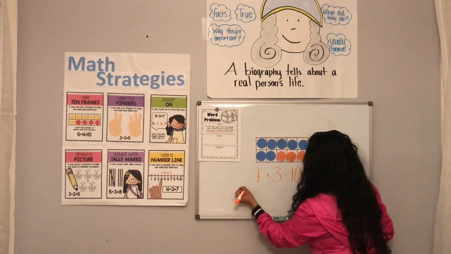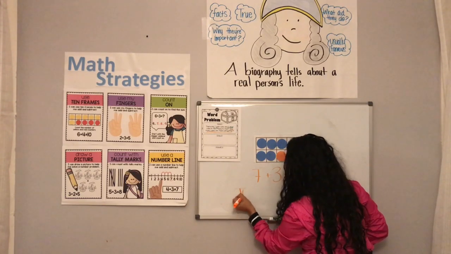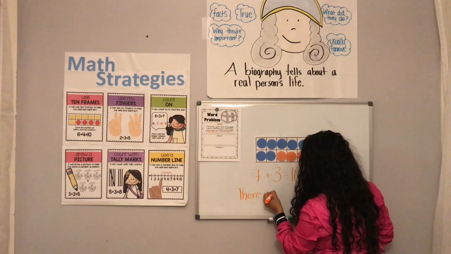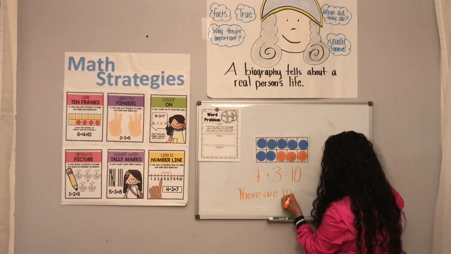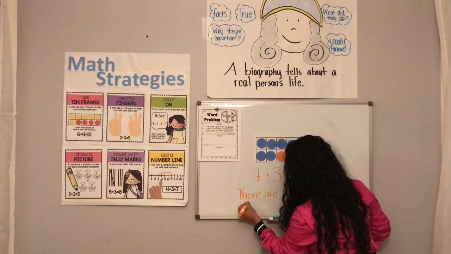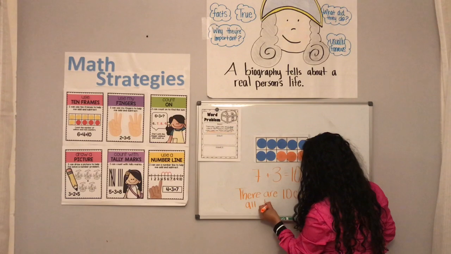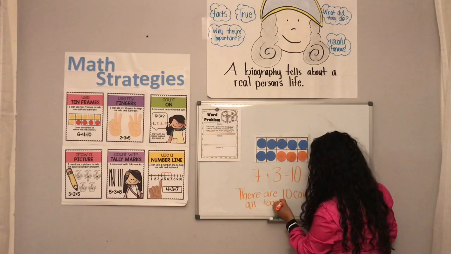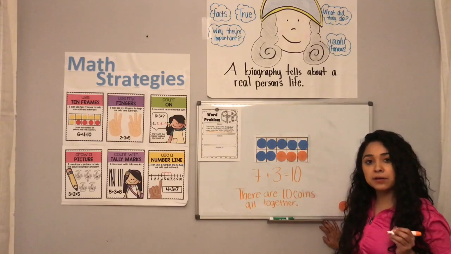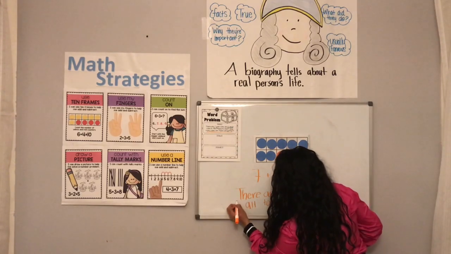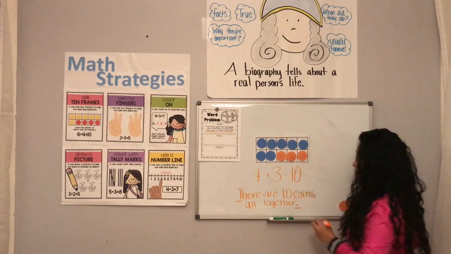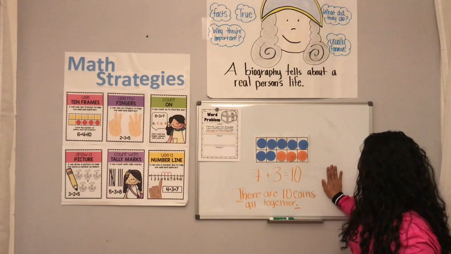So I would write, there are 10 coins all together. And remember that when we write a full sentence, we need to make sure that we have a capital letter, and we need to make sure that we have punctuation at the end. So this is what my word problem would look like.